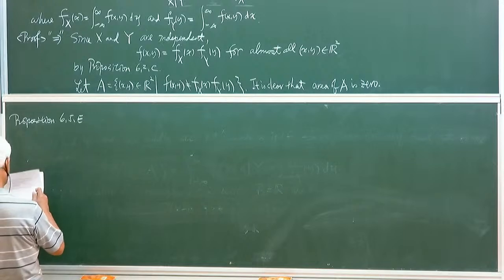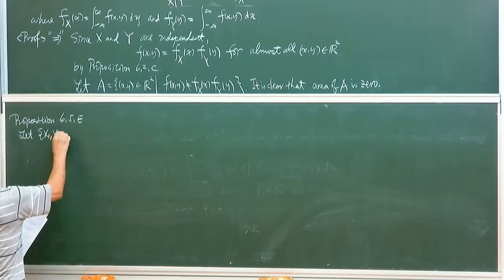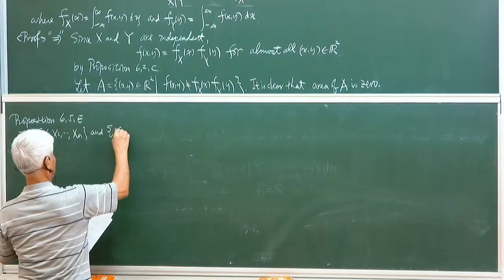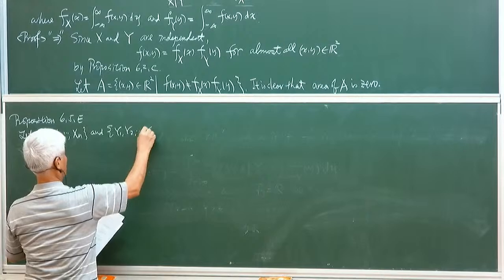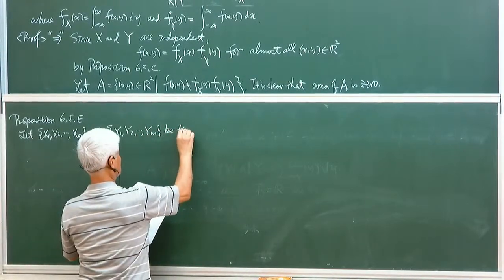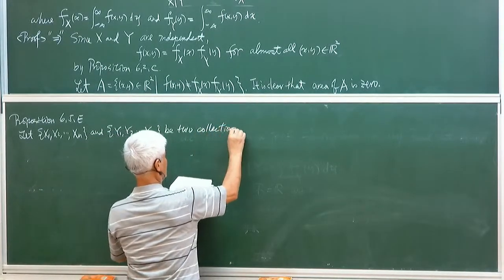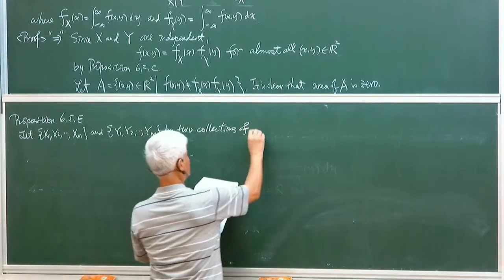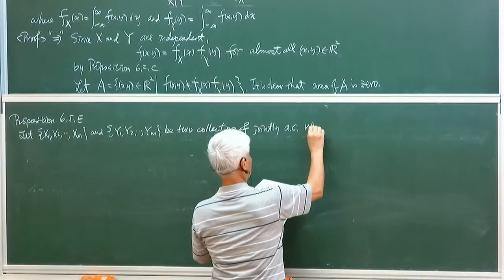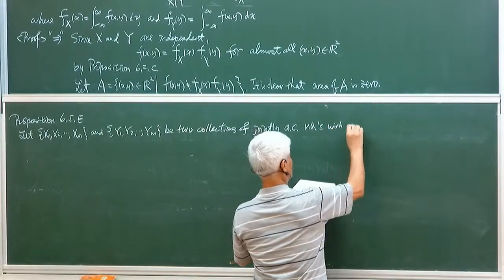So let X1, X2 up to Xn, and Y1, Y2 up to Ym be collections of jointly absolute continuous random variables with a joint PDF.